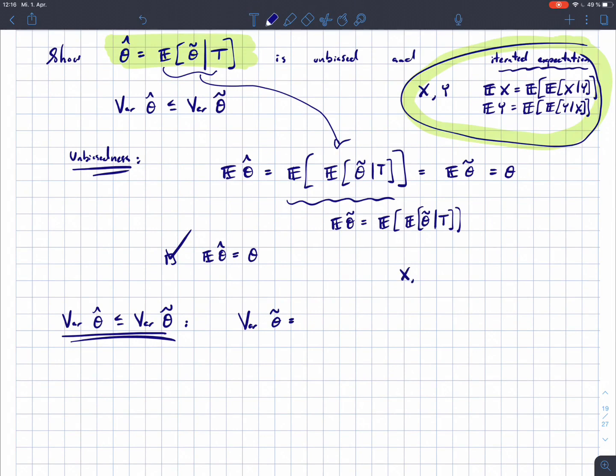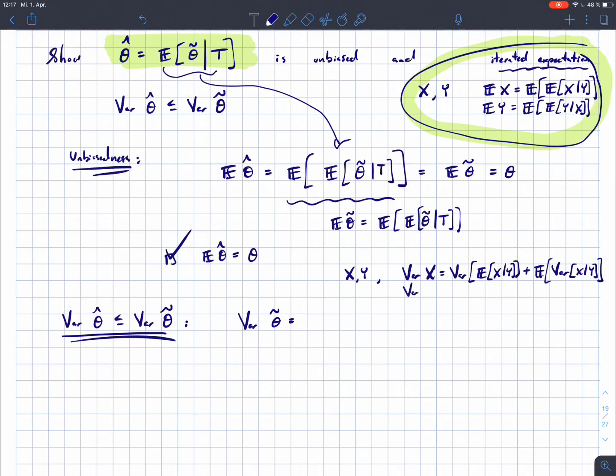So if I have x and y, then I could write the variance of x as the variance of the expected value of x given y plus the expected value of the variance of x given y.